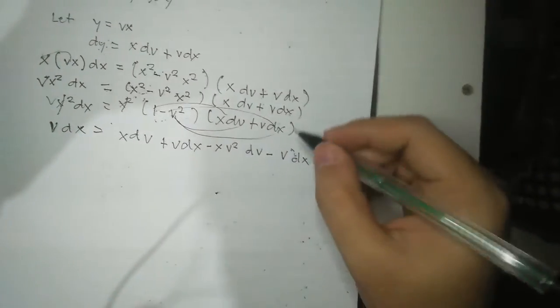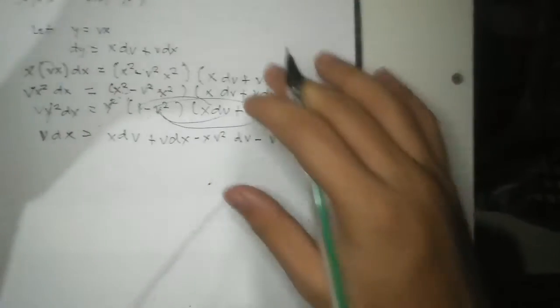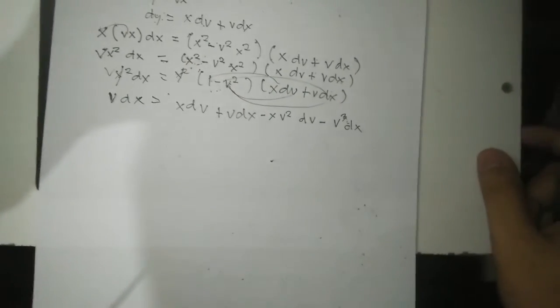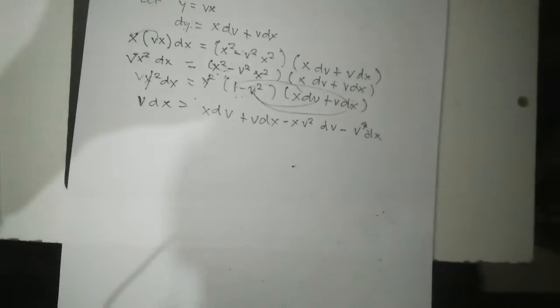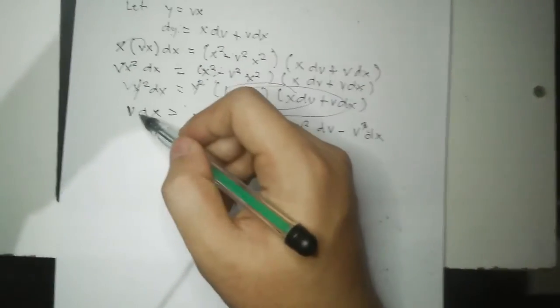I mean, this is going to be a cube, since right here, I forgot. So now, as you can see, it has an identical term, v dx and v dx, so we cancel that out.